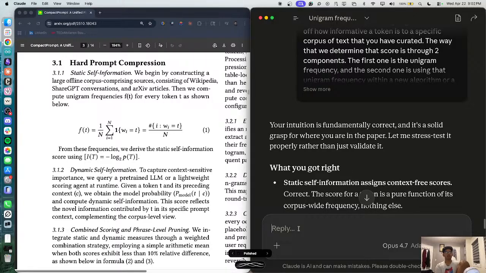And it does that either through static self-information, where we use the unigram frequencies to figure out how frequently a token is used, and then use that frequency within a formula to determine a score, or through dynamic self-information, which uses pre-trained LMs to be context aware as to how that token is relevant to that specific text.